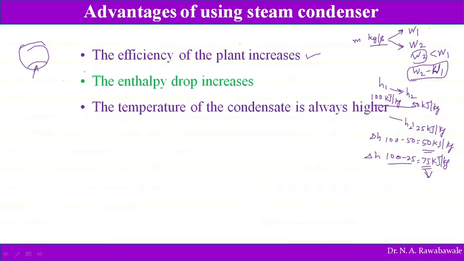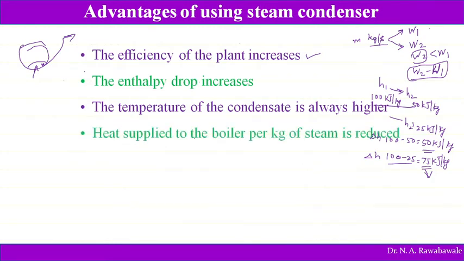This condensate can be directly supplied to the boiler as its temperature is larger. That reduces the requirement of heat supply to the boiler. Then the heat supply to the boiler per kg of steam is reduced, because this feed water is at a higher temperature and therefore the heat required is less.